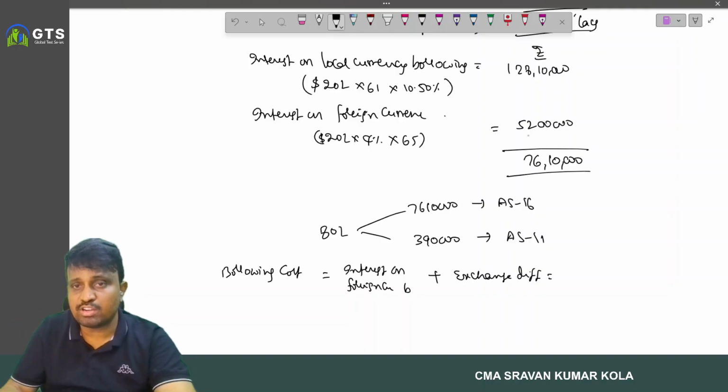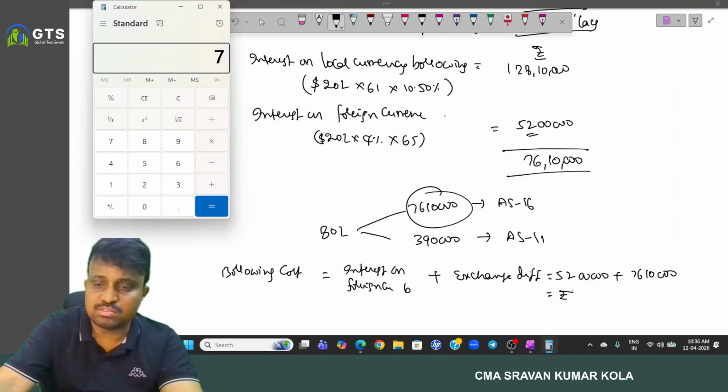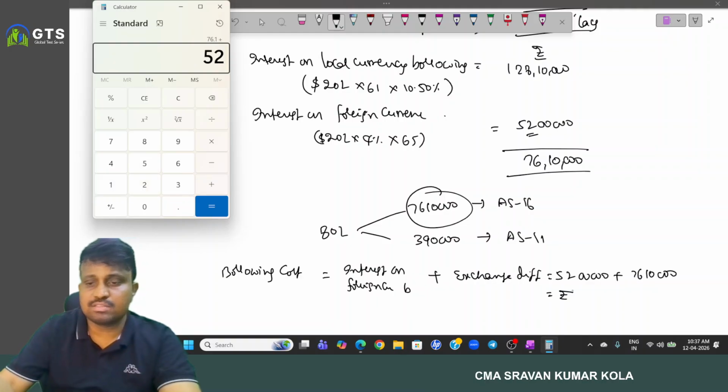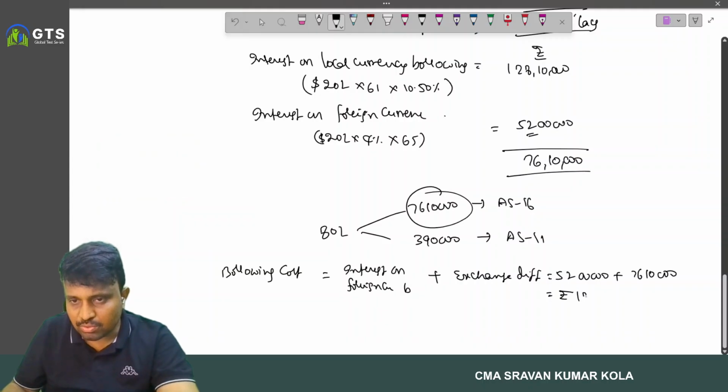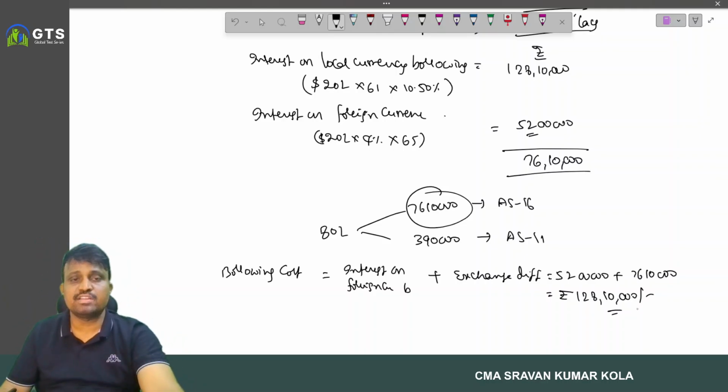What is the interest on foreign currency borrowing? 52 lakhs, plus the exchange difference covered under AS-16, 76 lakh 10,000. So 76 lakh 10,000 plus 52 lakhs is nothing but 1 crore 28 lakh 10,000. This is the amount considered as per AS-16.